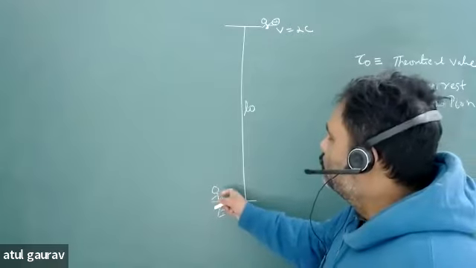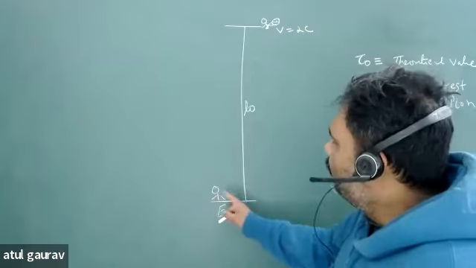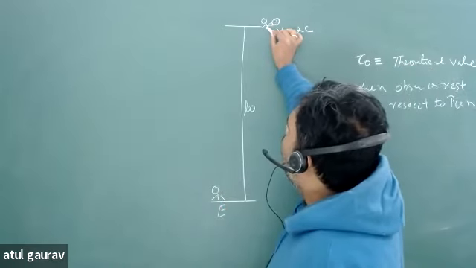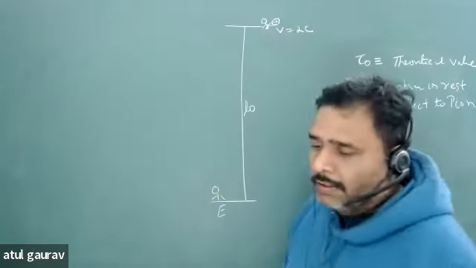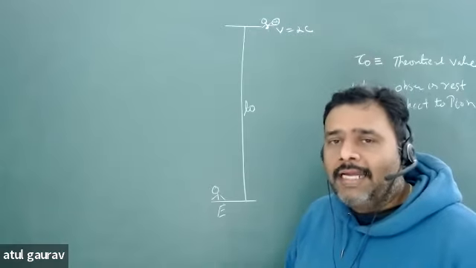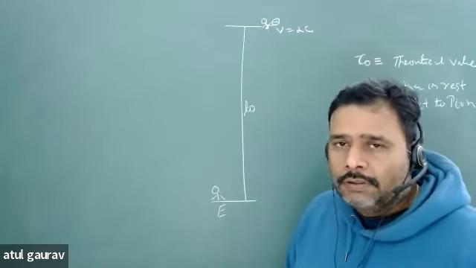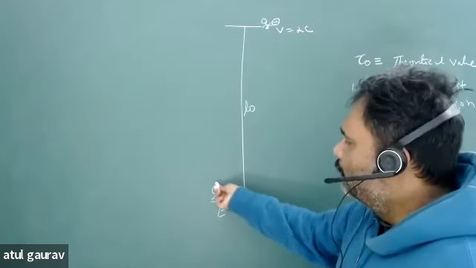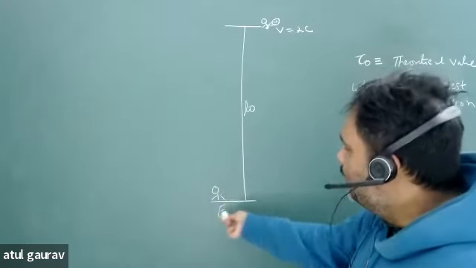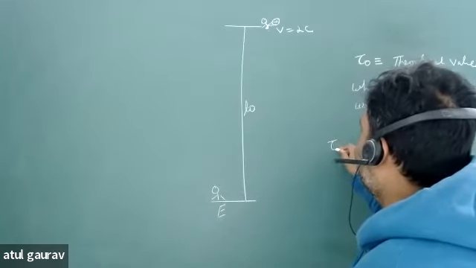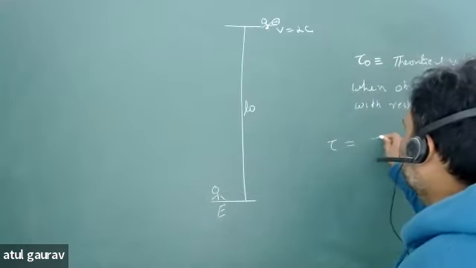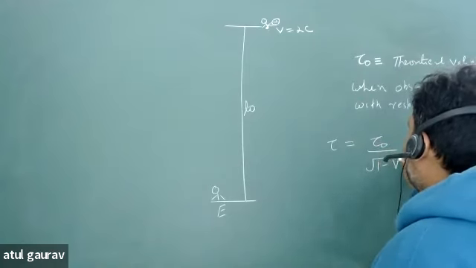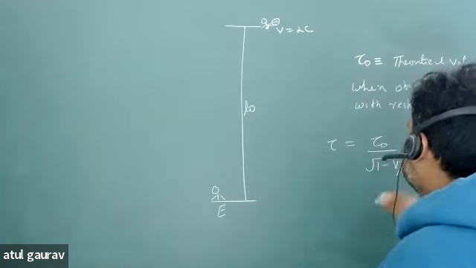Now look here. This person who is on earth, what will he see, if he is going to see this particular event with this clock, proper time or dilated time? Dilated time. So this person has to change the lifetime, and that lifetime must be equal to tau naught root under 1 minus v square upon c square.